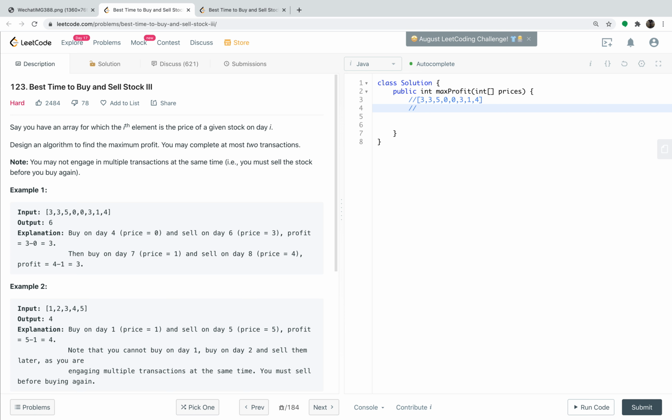Since in the question you have known how to get the max profit, the max profit is actually 4 minus 1 plus 3 minus 0. We can observe that this is actually equal to 4 minus 1 minus 3 minus 0.